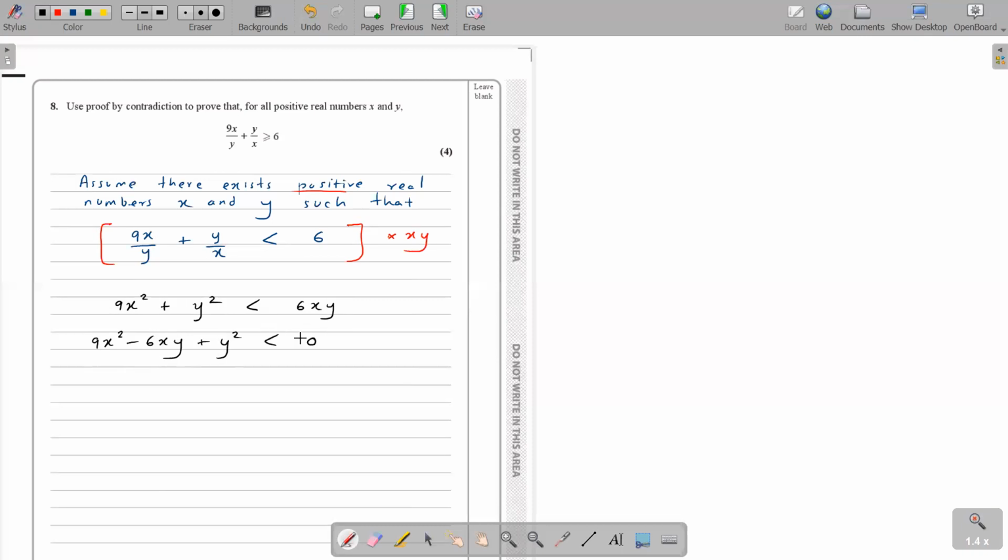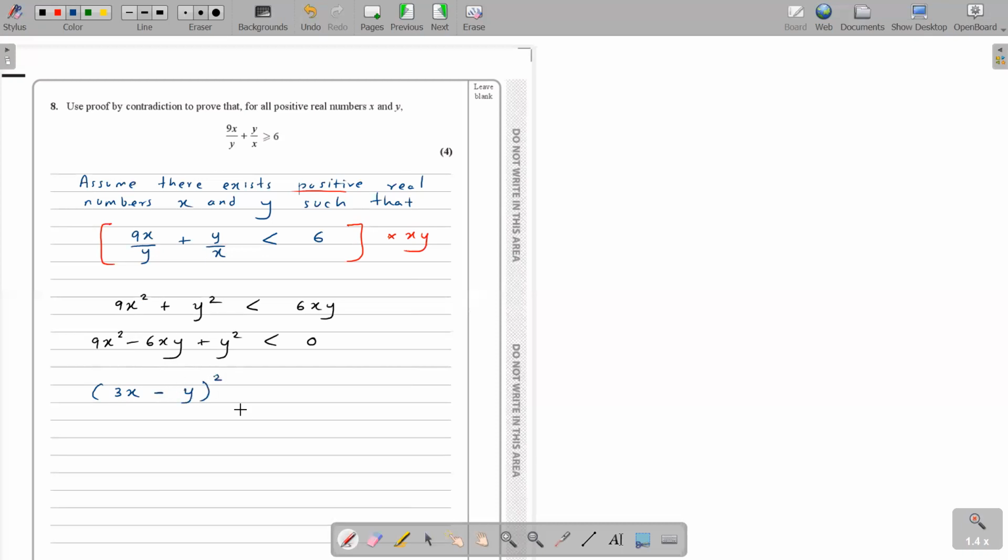Are you with me? If you look at this 9x square minus 6xy plus y square, you need to see that it's actually the perfect square of a certain expression. Who is it? 9x square you get perfectly from squaring 3x. In the middle there's a minus, so I'll put a minus, and y square you get when you're squaring y.